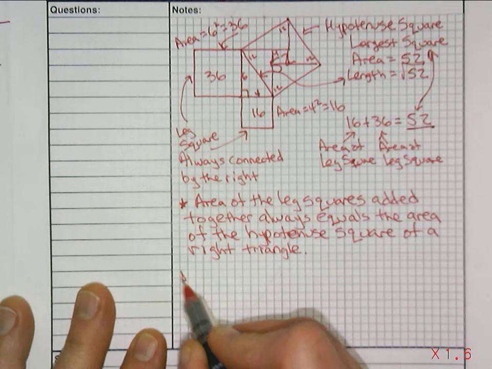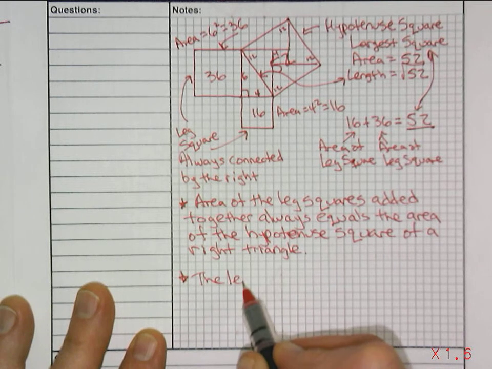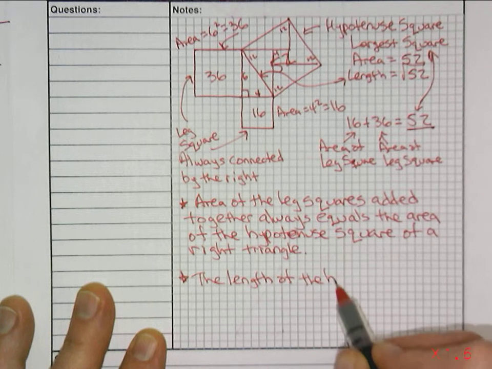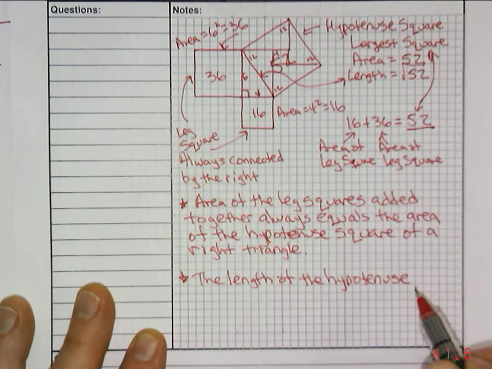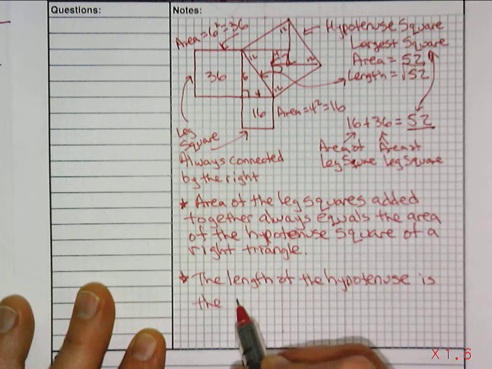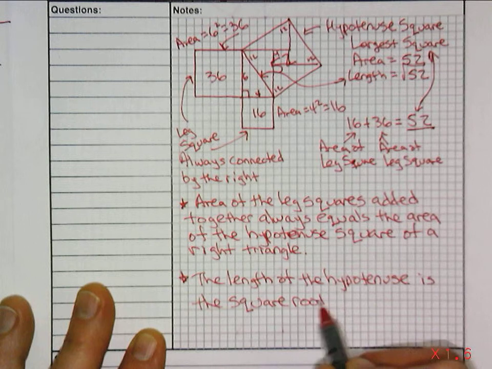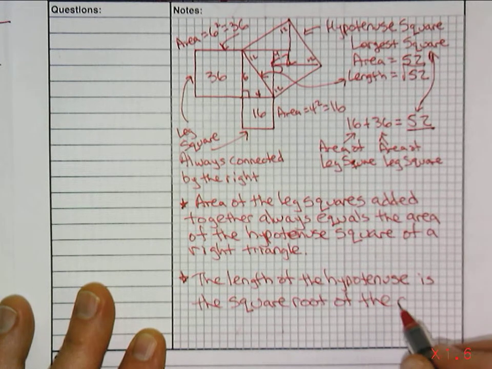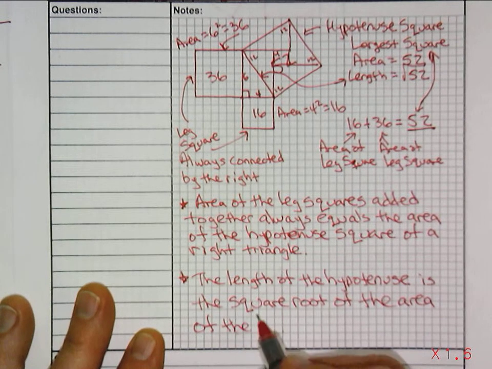So we're going to say this other note is that the length of the hypotenuse is the square root of the area of the hypotenuse square.